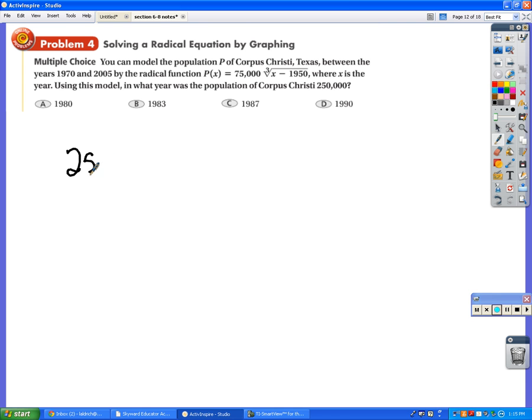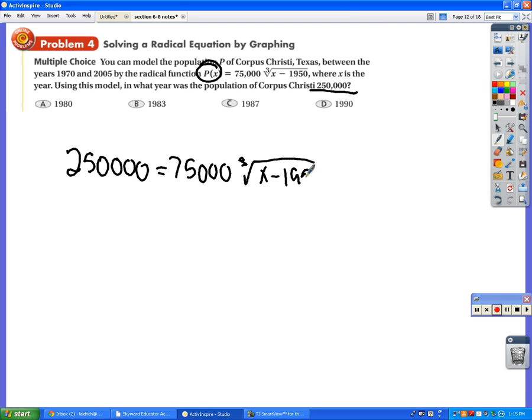So if I wanted to solve this algebraically, since the population is 250,000, I would plug that in for the population and set it equal to 75,000 times the cube root of x minus 1950. Okay, then what do you want to do? Divide both sides by 75,000.